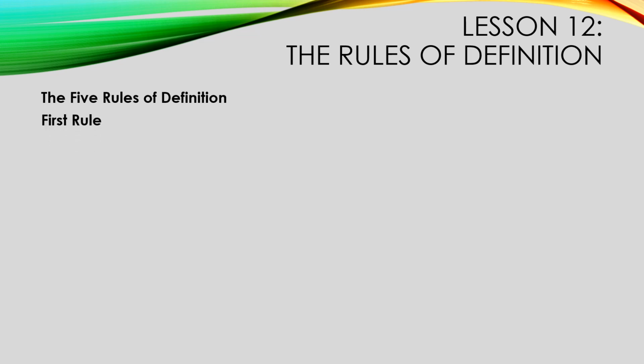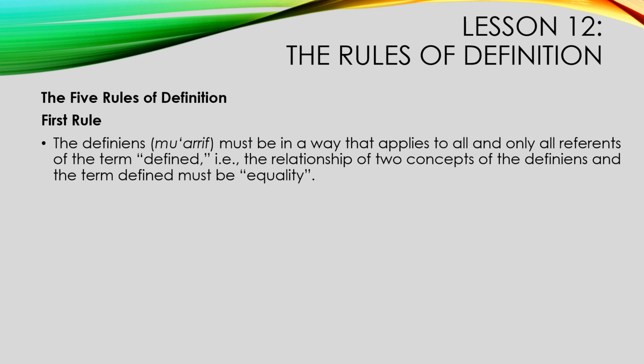First rule. The definition, the mu'arrif, must be in a way that applies to all and only all referents of the term defined. That is, the relationship of the 2 concepts of the definition and the term defined must be equality.